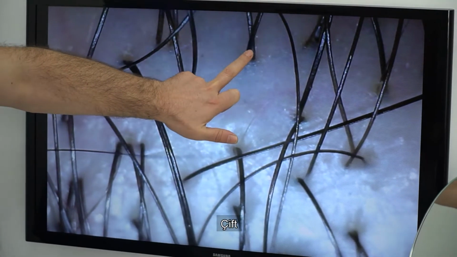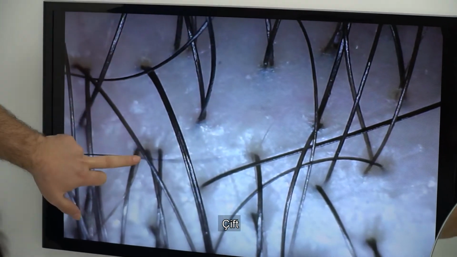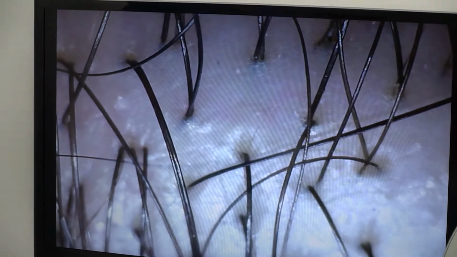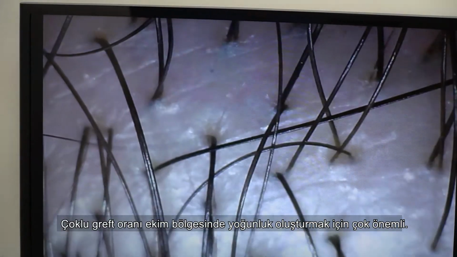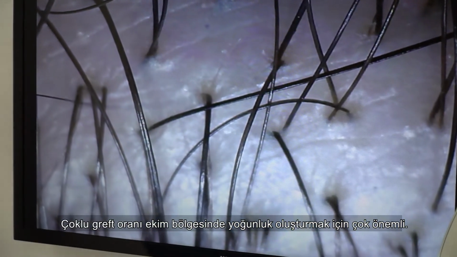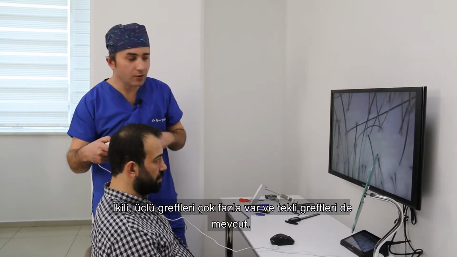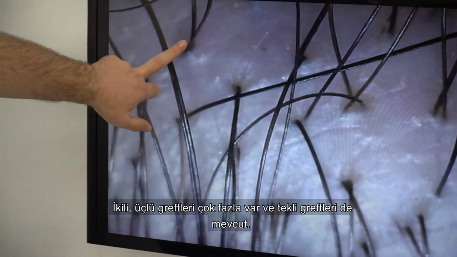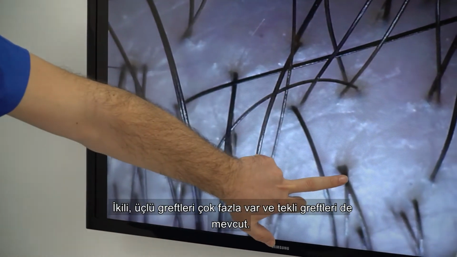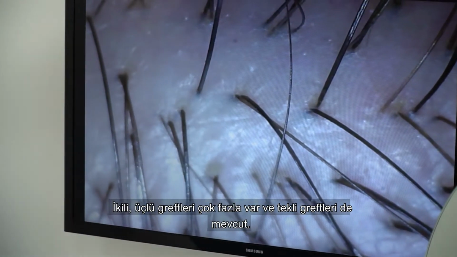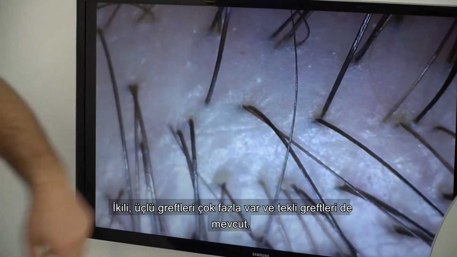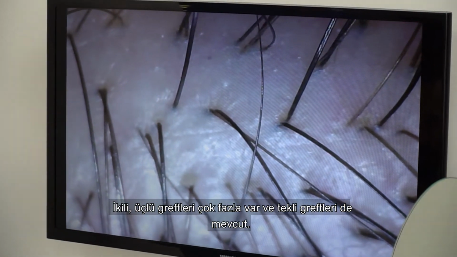There are double and triple grafts. Multiple graft rate is very important to create density on the recipient area. Also, there are some single grafts on the donor area.